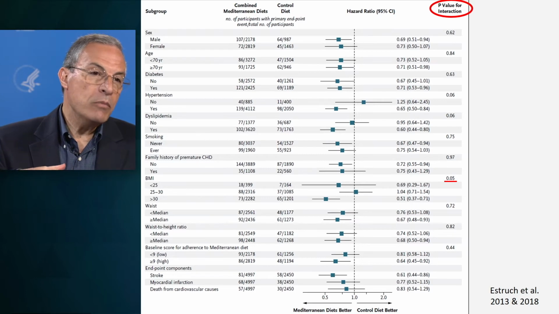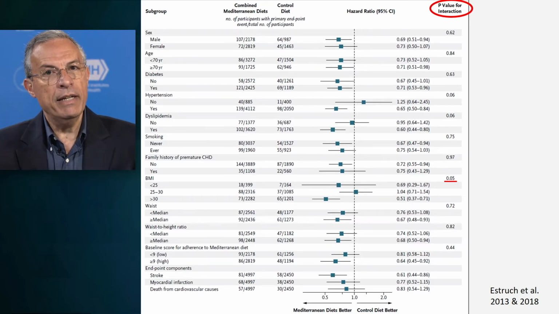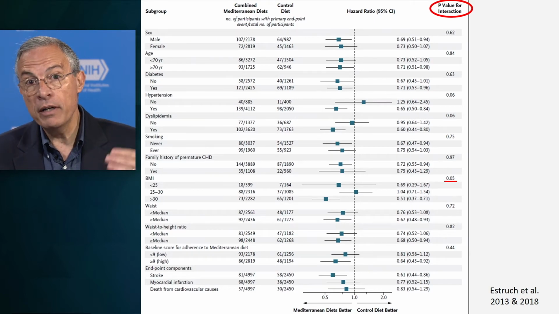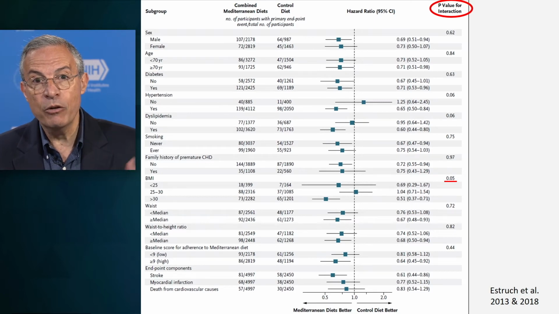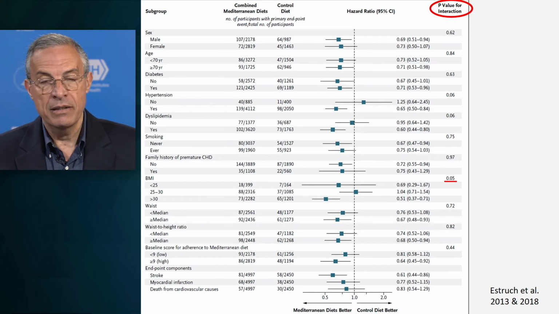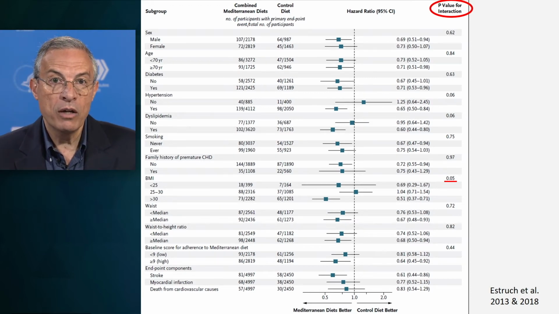So you could say, based on this table, again, with modesty and uncertainty, it appears that for individuals with BMI greater than 30, the Mediterranean diet is better, but not so much for the ones below 30 BMI.